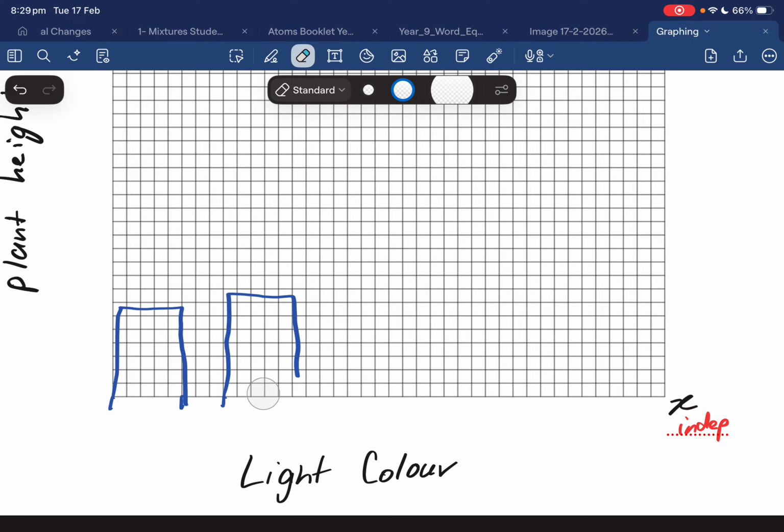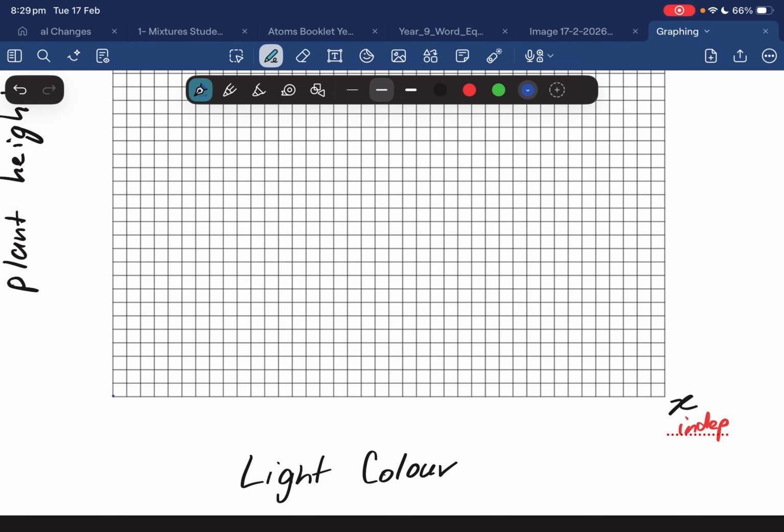For example, let's say I'm here and I'm choosing to make my data look like this. In my first bar, I've used up how many boxes? 1, 2, 3, 4, 5. Okay. In my next bar, I'm going to also use up 5. So let's say I go up to here.